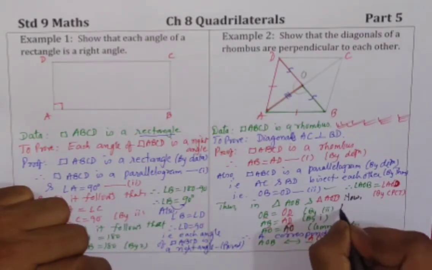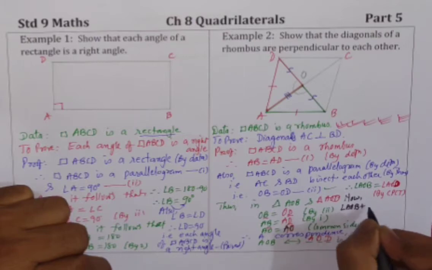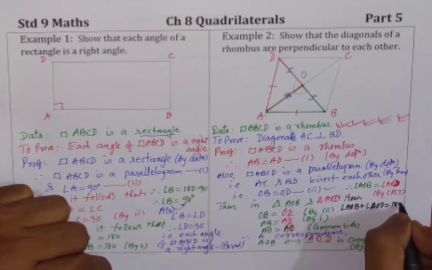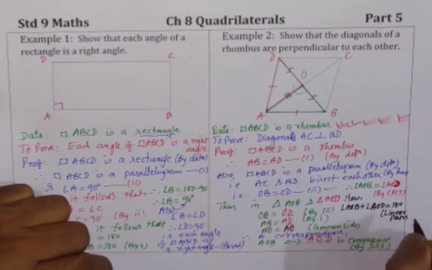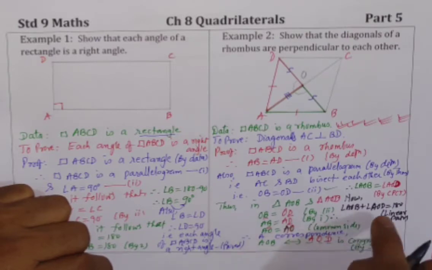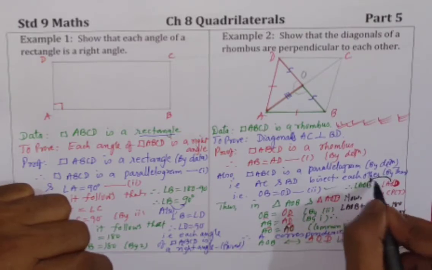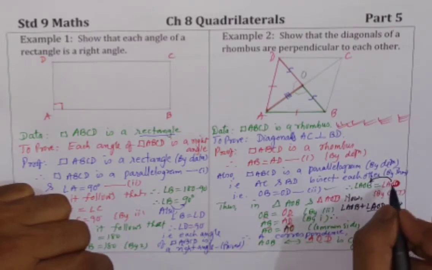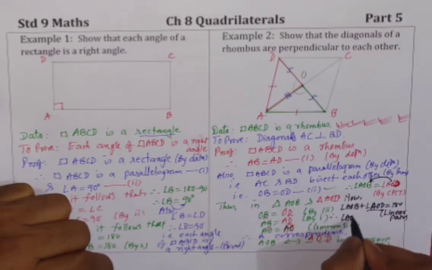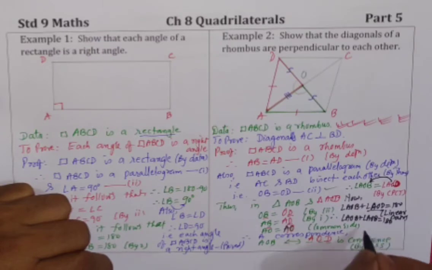Now they are a linear pair. Now angle AOB plus angle AOD is equal to 180. Reason: linear pair of angles. Therefore, instead of AOD, I am going to call it AOB. AOD I am going to replace by AOB. So angle AOB plus angle AOB is equal to 180.